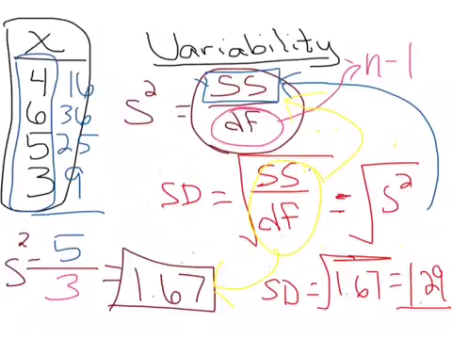So we got our range, which was 3. We got our variance, which was 1.67, and now we just got our standard deviation, which is 1.29. Now you try it.